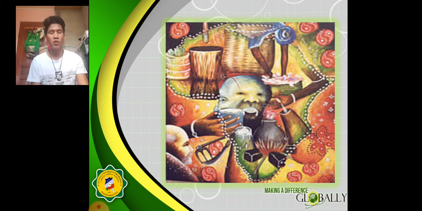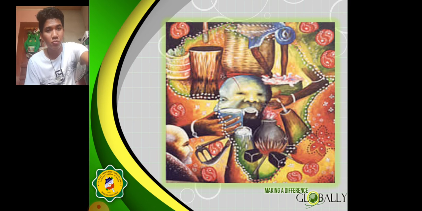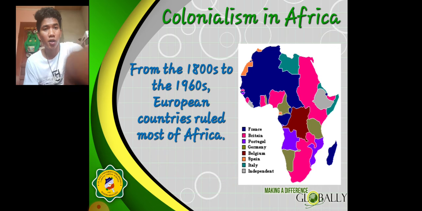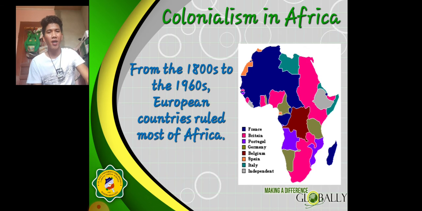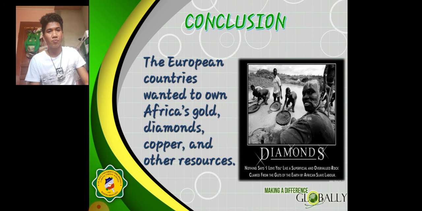The way the Europeans drew the borders caused conflicts between tribes who didn't like each other, but were in the same colony. Colonialism in Africa: from the 1800s to 1960s, European countries ruled most of Africa.